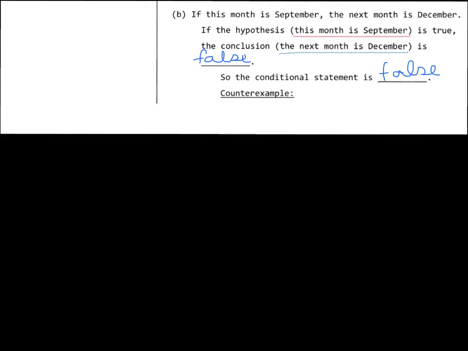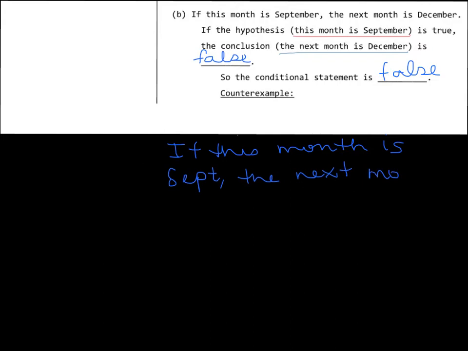So in this one, if this month is September, which is a true statement, the next month would be October, which would also be true.